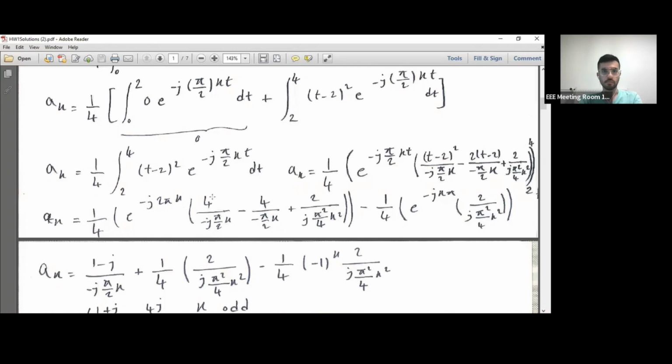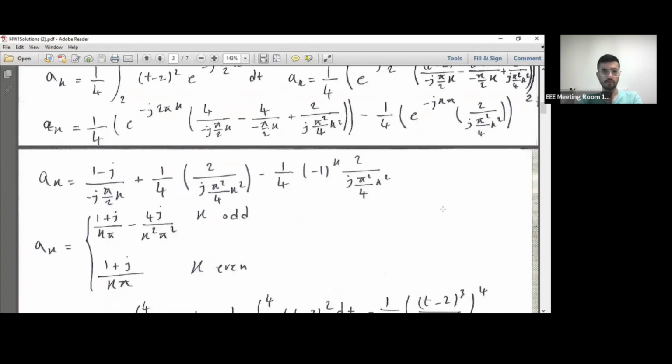First we put 4. Actually, we put 4 here. Then another one is replacing 2 into this term. Then we need to subtract, and we give this final answer.